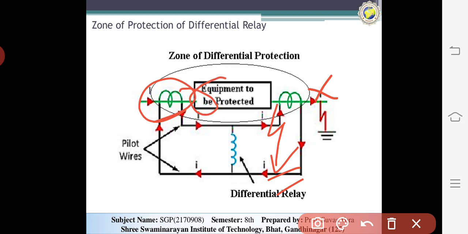It means that I1 is not equal to I2, and the circuit will operate. So these are all about current protection systems for zone protection and differential type protections.